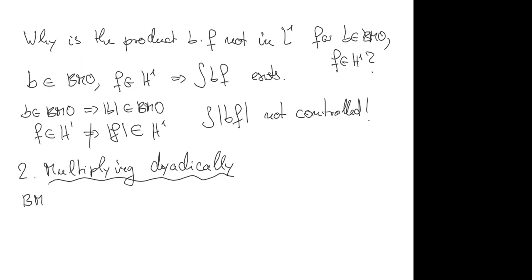For that, we take dyadic versions of the spaces BMO and H1. So the space BMO of D just means you take exactly the same oscillation property as the one Daniel introduced yesterday in the course, but you just take it on dyadic intervals, or because we are really on the circle, dyadic arcs. These are arcs which you get by subdividing the original circle first into halves, then into quarters, and so on.